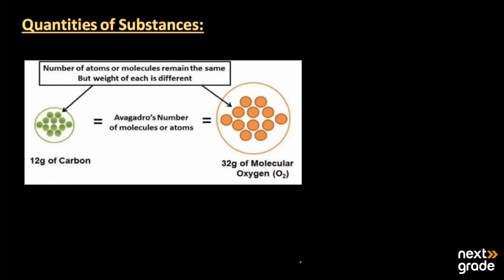For example, here we have 12 gram of carbon, and here we have 32 gram of molecular oxygen, that is O2. So 12 gram of carbon contains atoms. As oxygen is in the molecular form, it contains molecules.